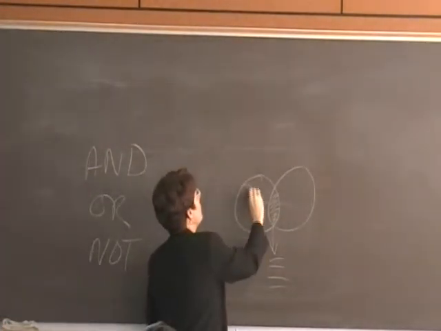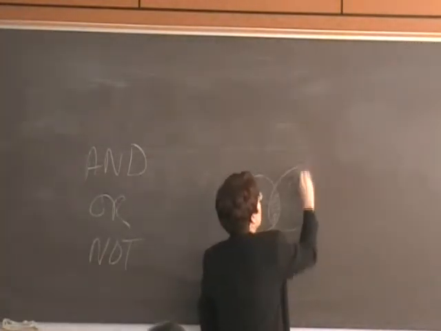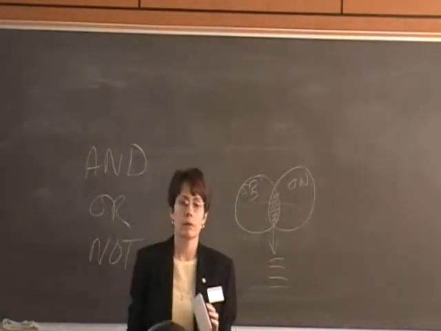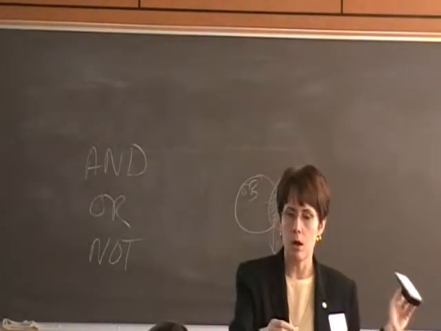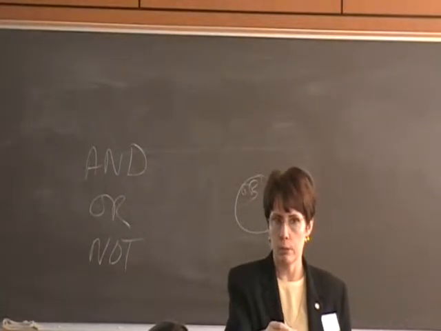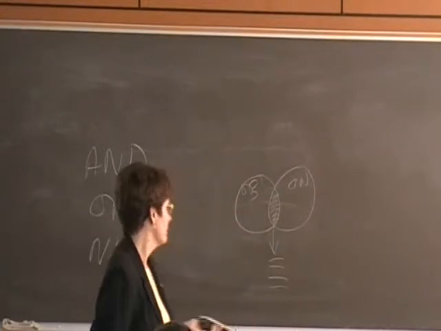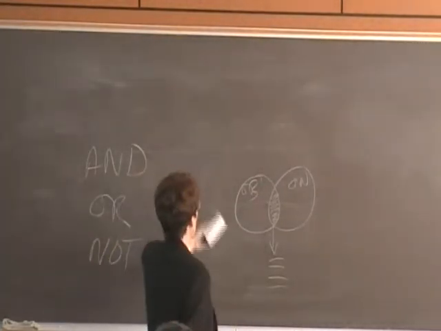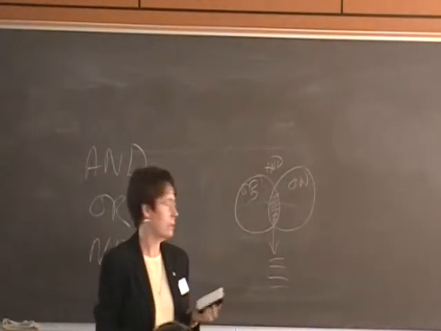So if I put obesity websites here, and overweight websites here, is the and going to do me any good? Do I want websites or articles that have both the words obesity and overweight? No. So and is not the right word to put in between obesity and overweight.